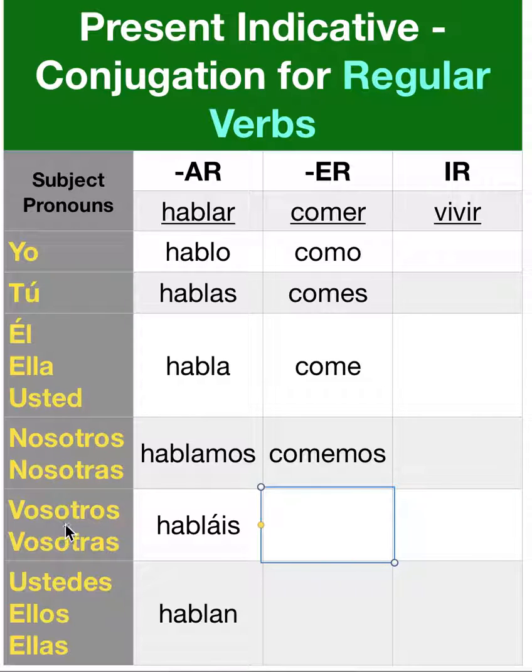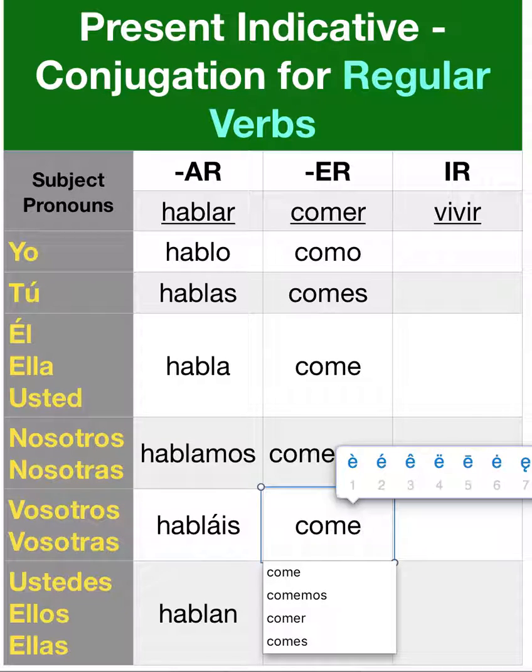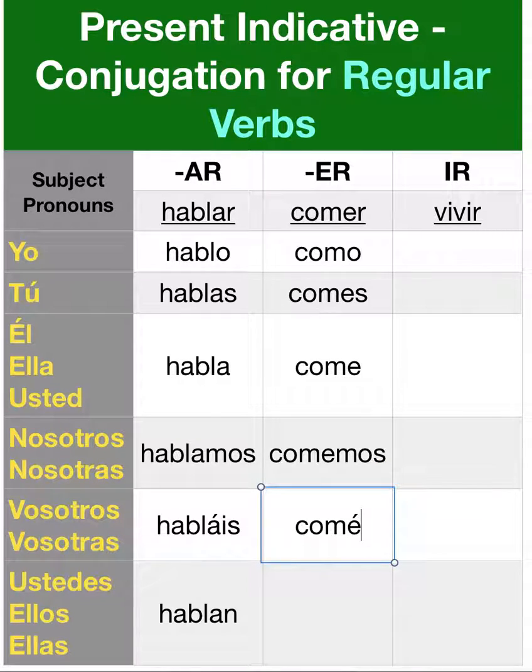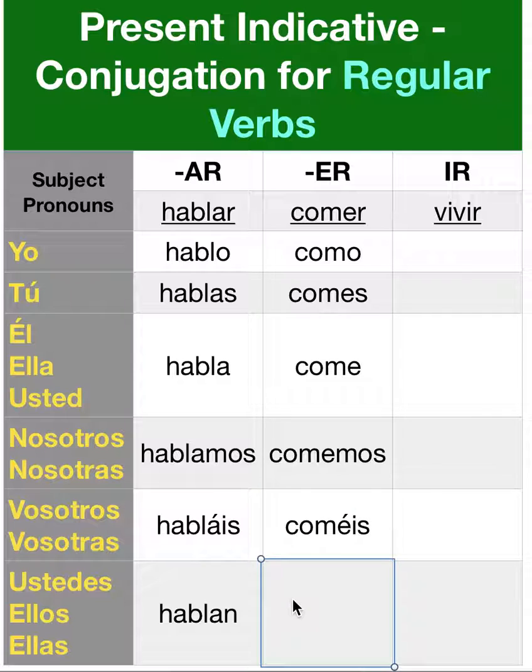And then we have vosotros and vosotras. We take the stem and then we add an accented e, and then is. Coméis. Vosotros coméis, vosotras coméis. And then lastly, we have ustedes, ellos and ellas, you all, they.